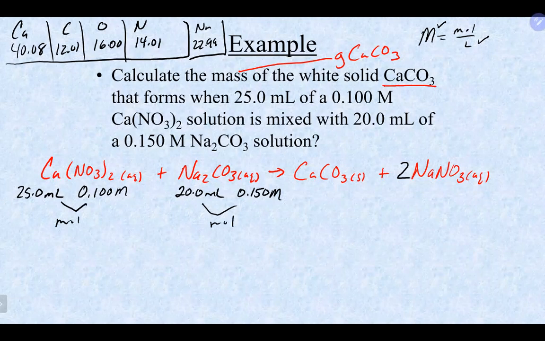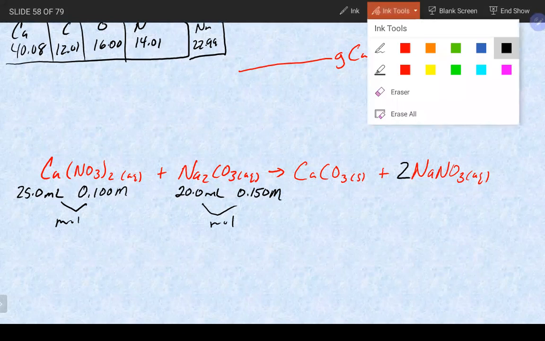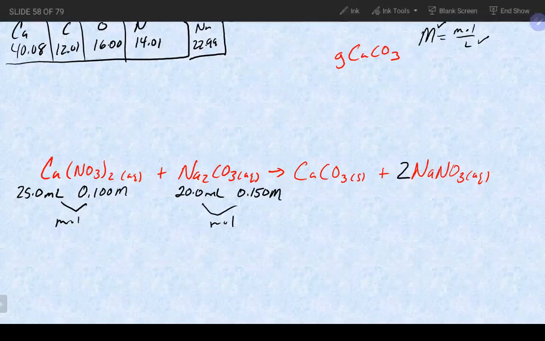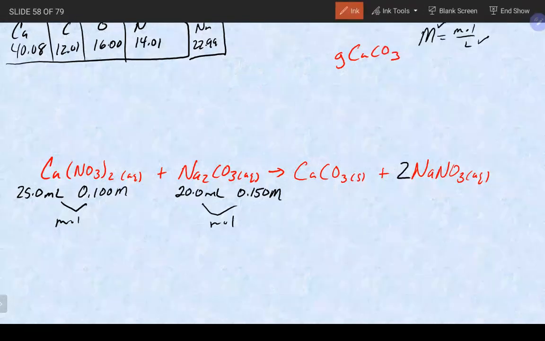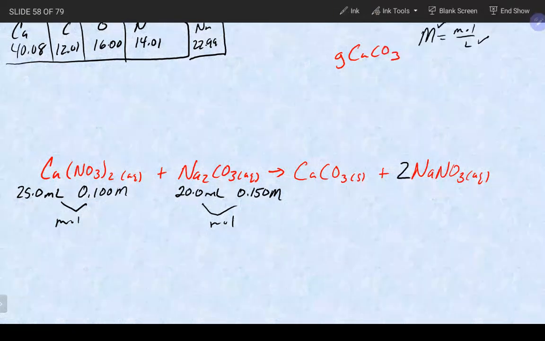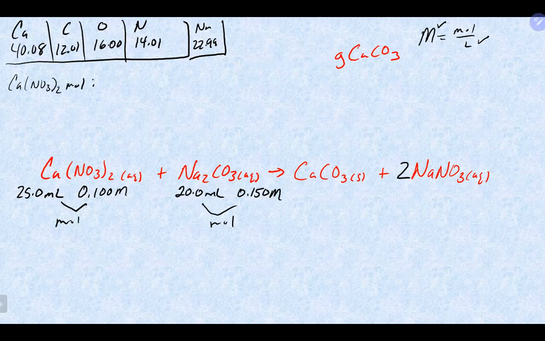So we do need to make sure that we figure out the limiting reagent before we could actually solve the problem. The next step is still to convert our reactants into moles. I'm going to do that up on top here. We will take our calcium nitrate. Our calcium nitrate moles will equal the volume, which we do need to convert into liters.